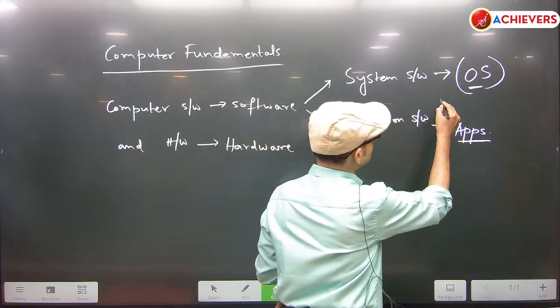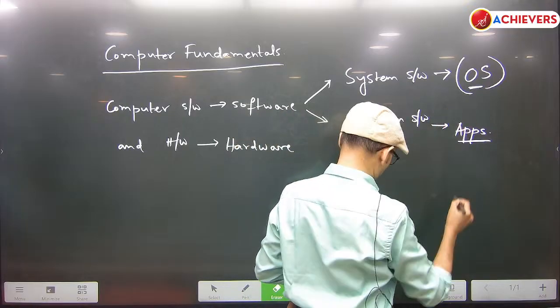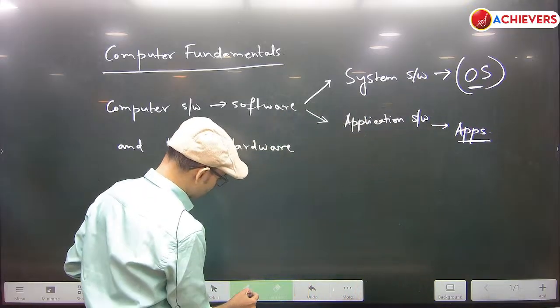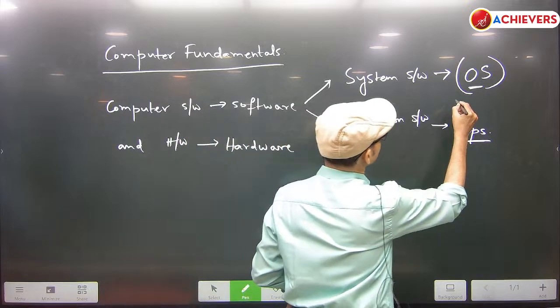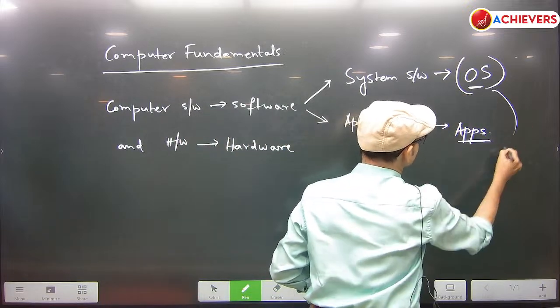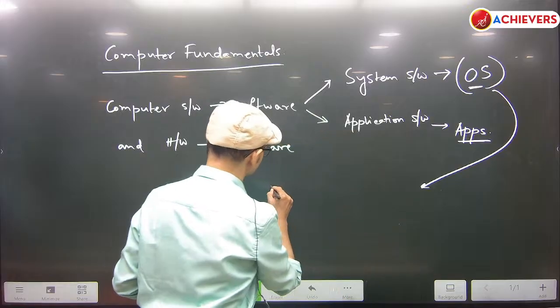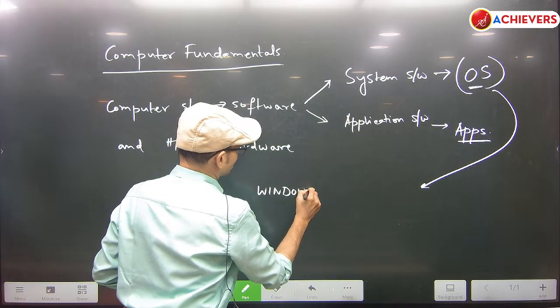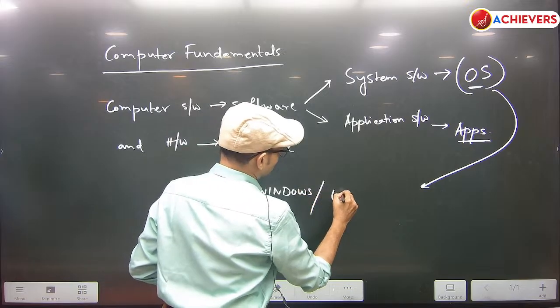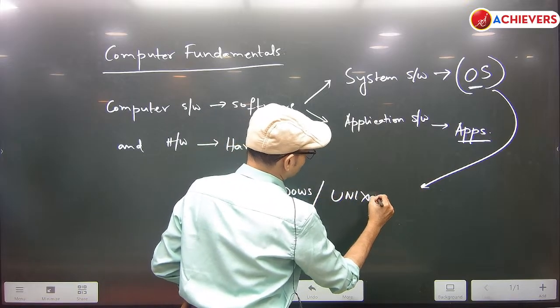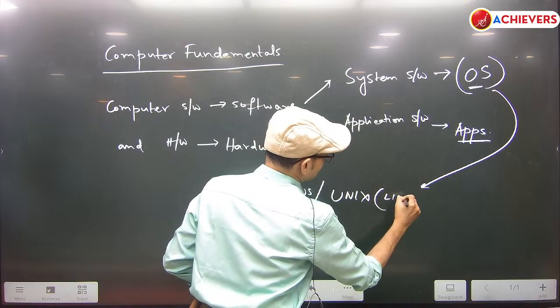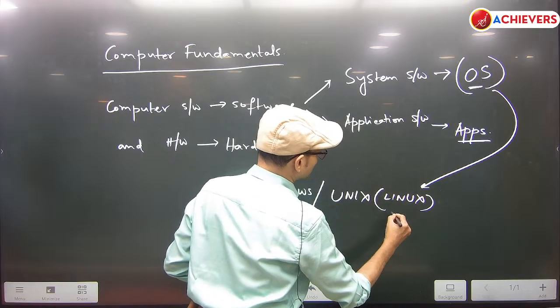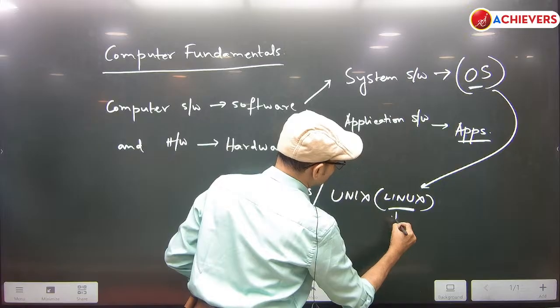Examples of operating systems are Windows, Unix, and in advanced level it is Linux, or other platforms of Linux.